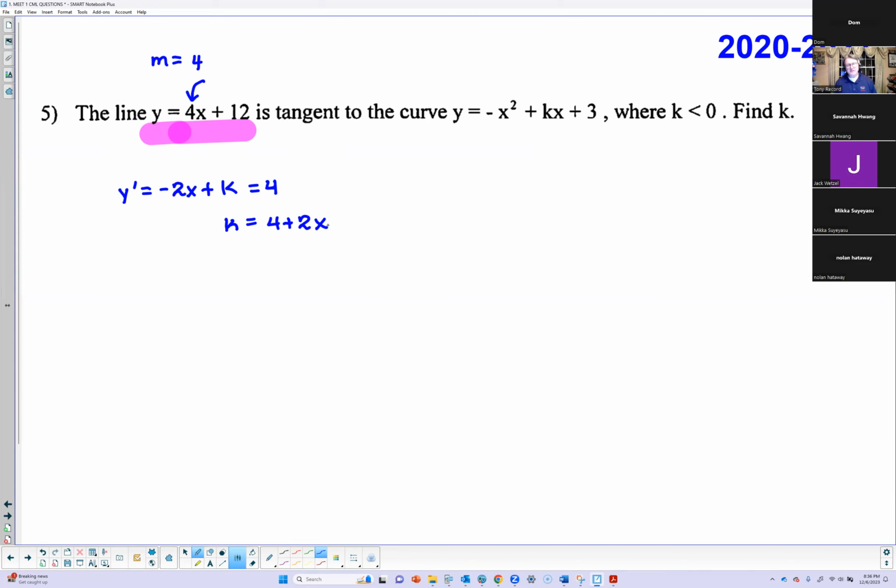So where would you go to find another equation that had those same 2 variables? In other words, what does a curve and a tangent line have in common? They intersect. And if 2 graphs intersect, what are you allowed to do with them? You can set them equal to one another.